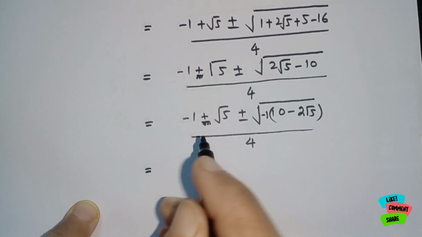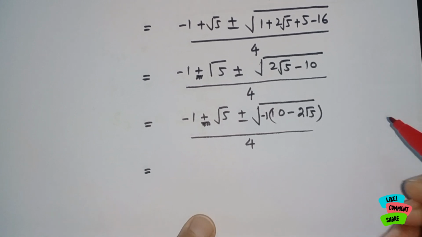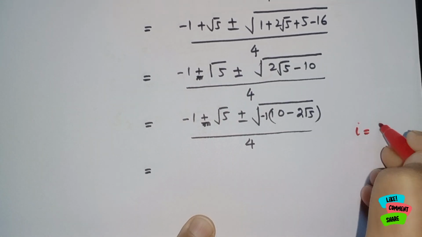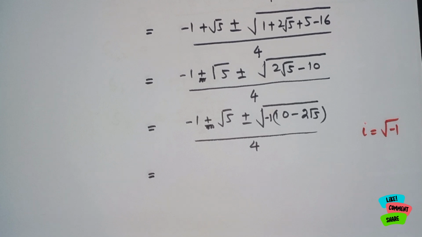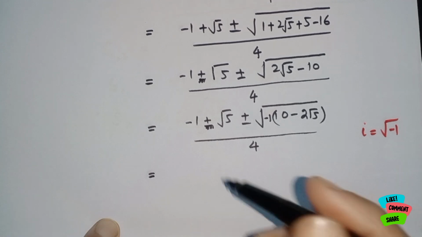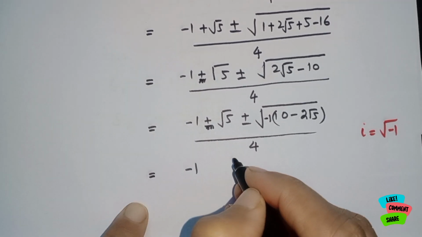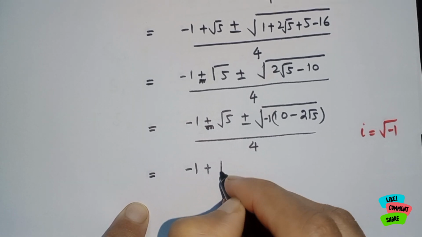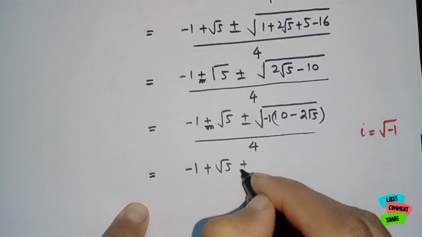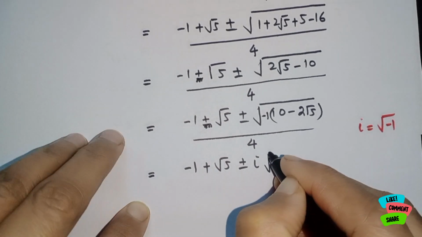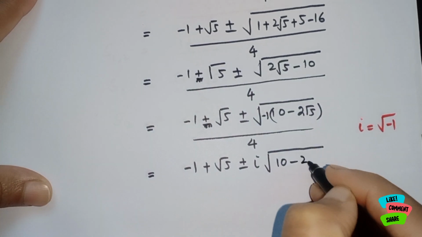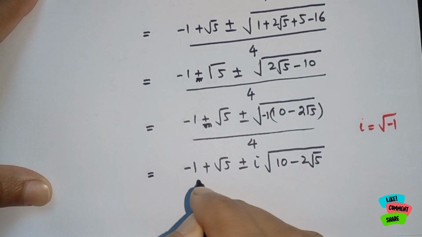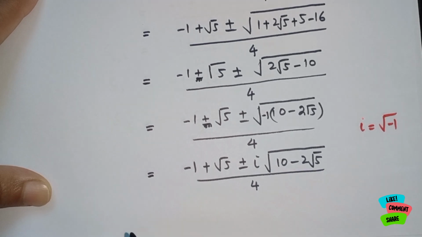So from here we know that i is equal to square root of minus 1. So we will write here our i, because we are going to have a complex solution, plus square root 5 plus or minus i, 10 minus 2 square root 5 over 4.